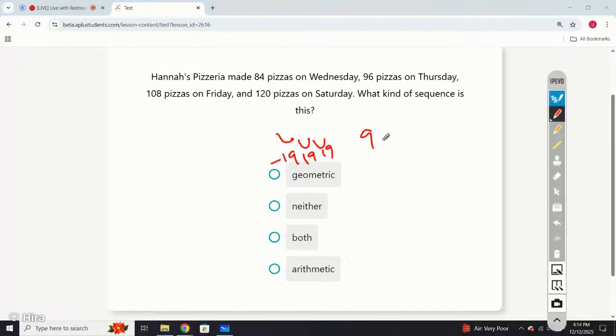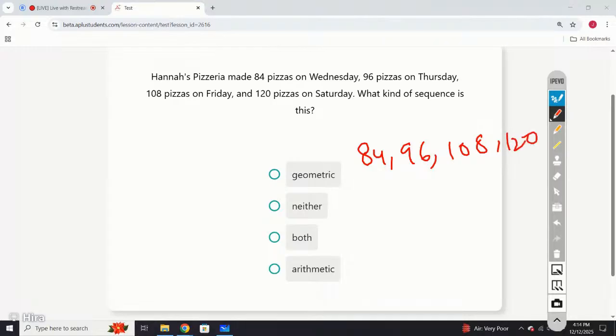So 84, 96, 108, and 120. 96 minus 84 is 12. 108 minus 96 is also 12.